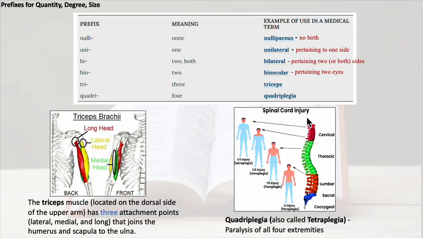Now, in the case of spinal cord injury, and this is quite interesting, so I'm going to highlight how this works anatomically and physiologically, but basically, when a spinal cord injury occurs, depending on the location of the injury, that will determine what structures in the body are paralyzed. So, if an individual has an injury at the cervical region, so in the cervical spine of the neck, and say there is a complete severing of the spinal cord at the cervical region or near severing, that individual would be paralyzed from the neck down.